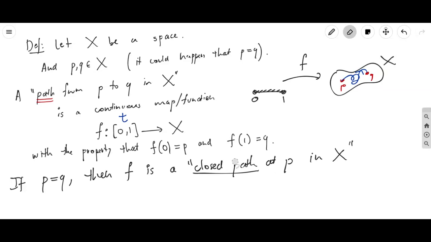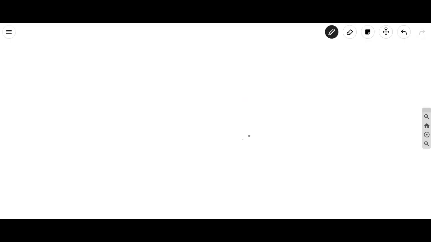I know that at present, you might be wondering why are we talking about paths in general as opposed to closed paths, because the fundamental group is defined using closed paths. It's just more convenient to define it in general to begin with, and then specialize to the closed paths. Now I want to give the next definition of something called a path-connected space. We say a space X is path connected.